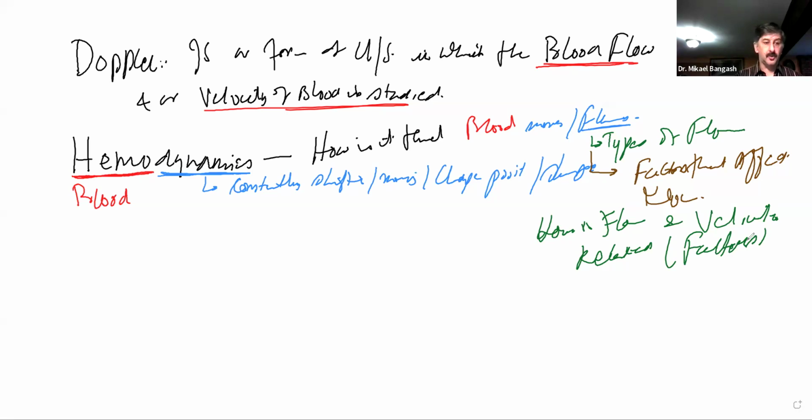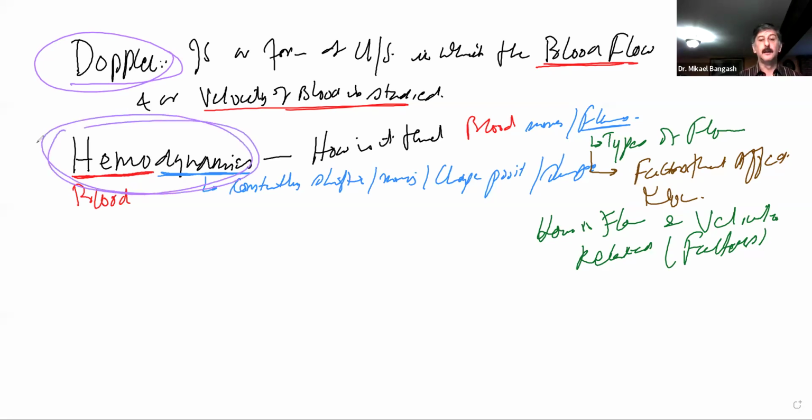So to be able to understand Doppler, we have to have a good grasp of hemodynamics.